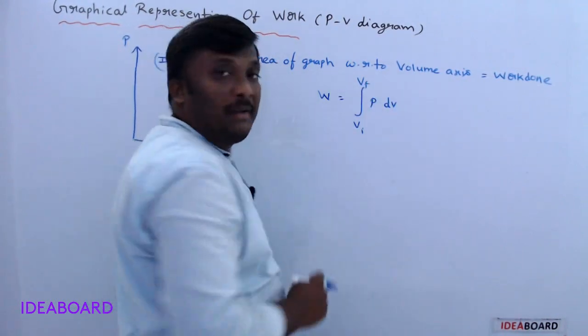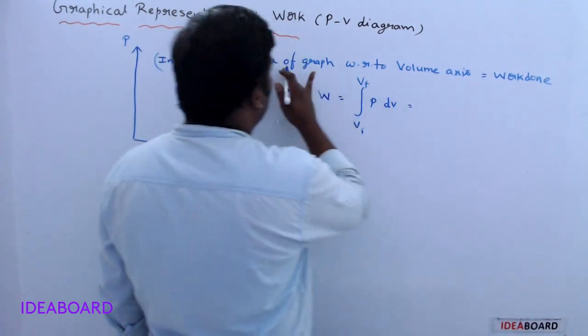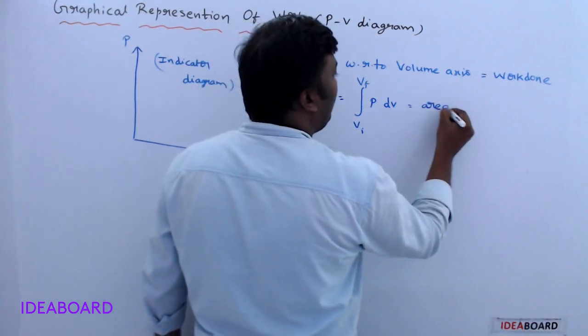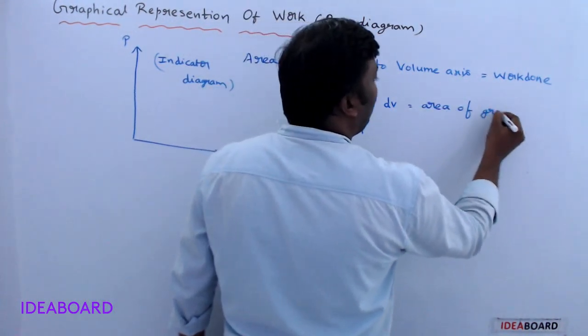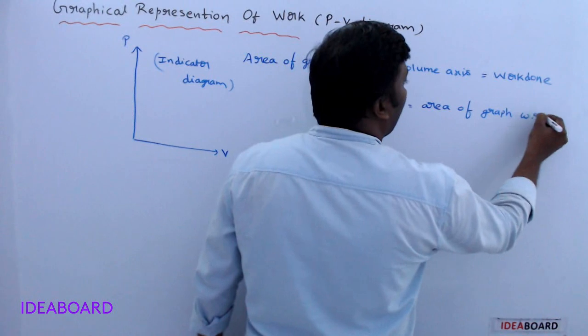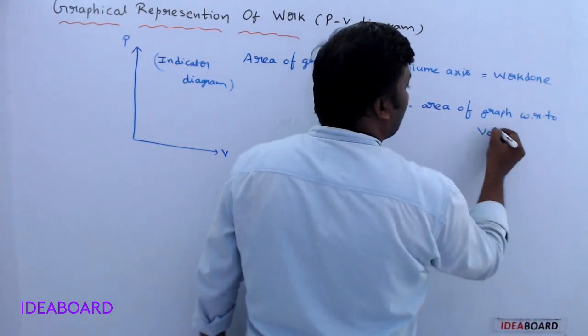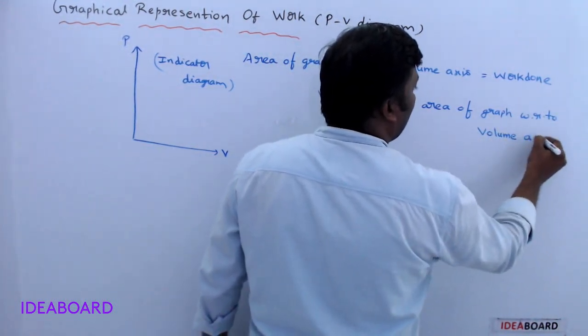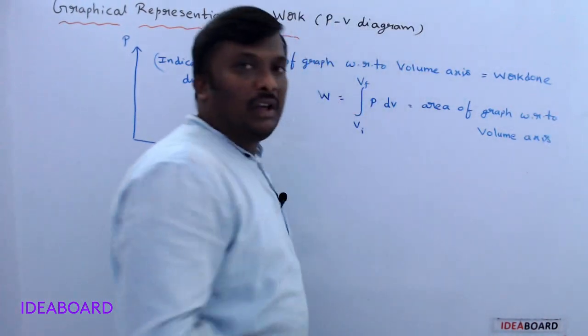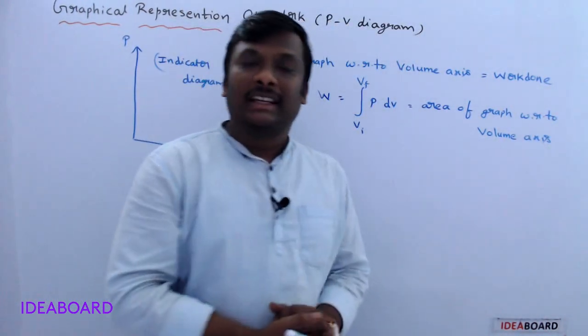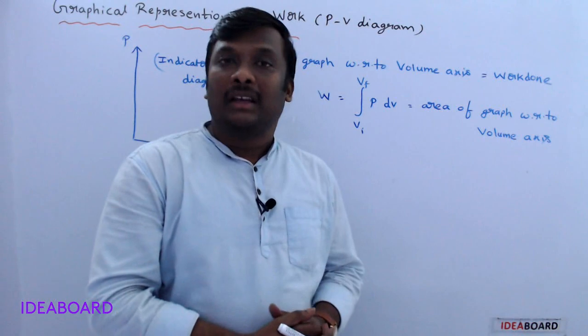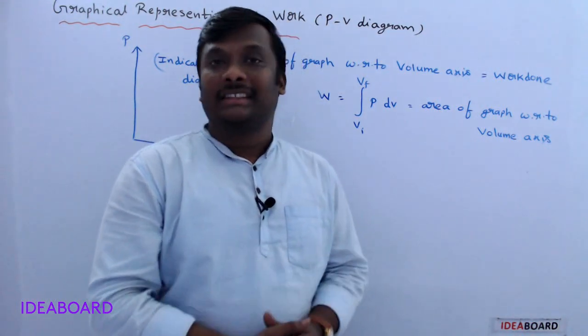This is equal to the area of the graph with respect to the volume axis. Please keep in mind, then every numerical related to graphs is easy.